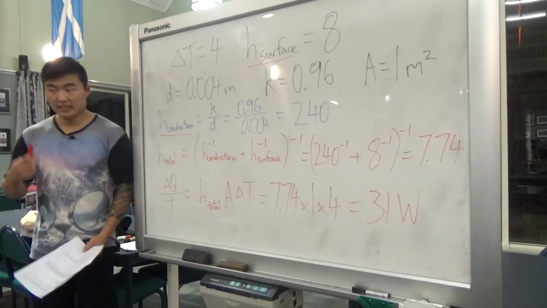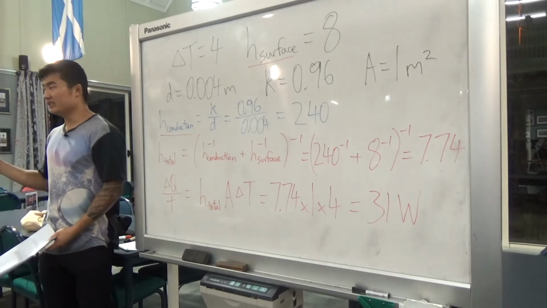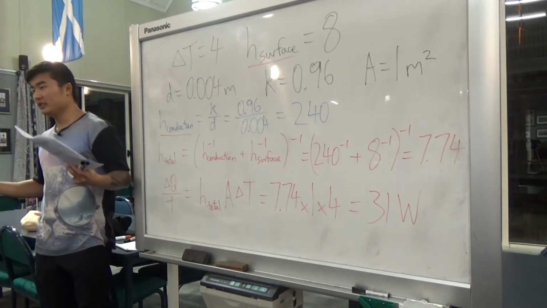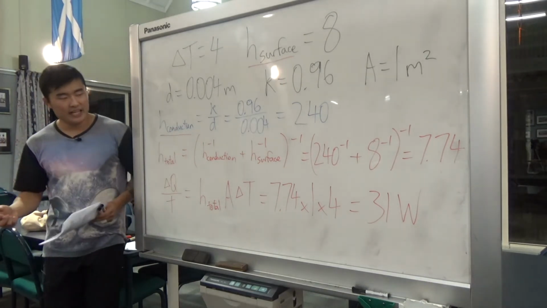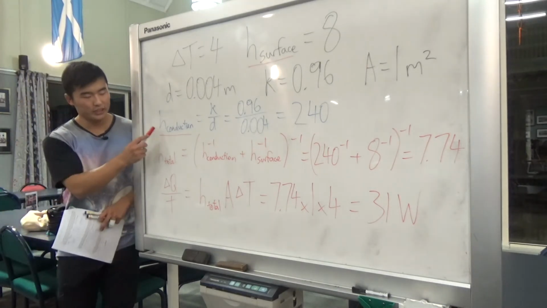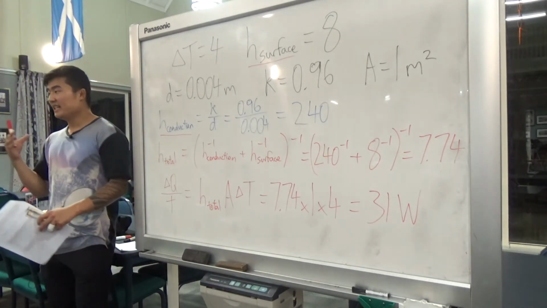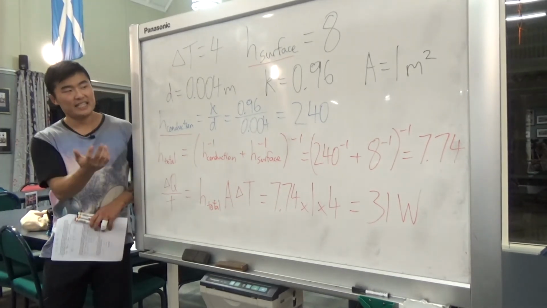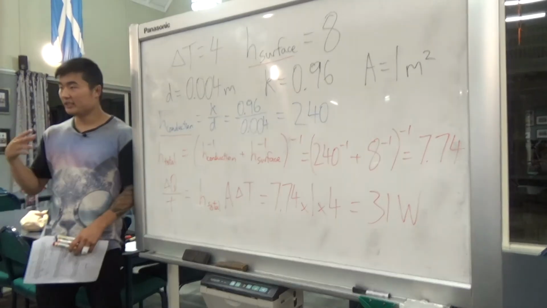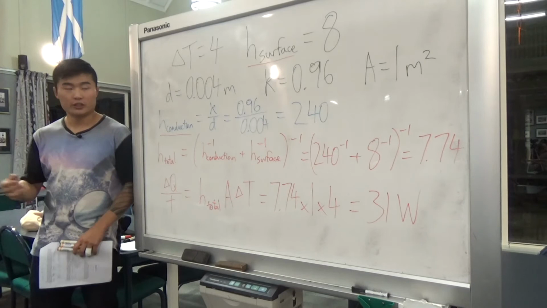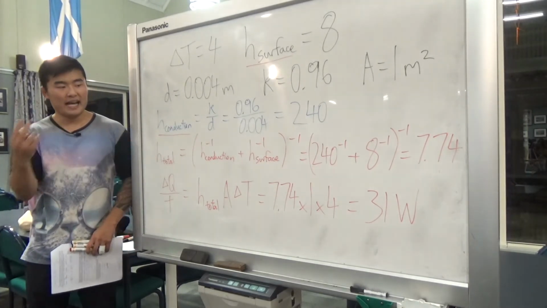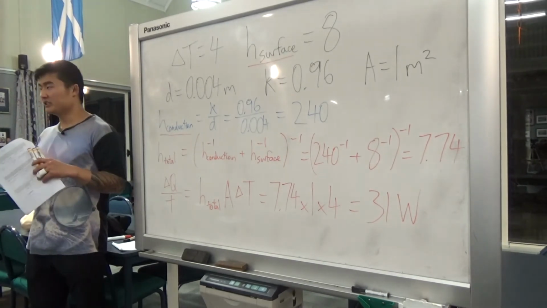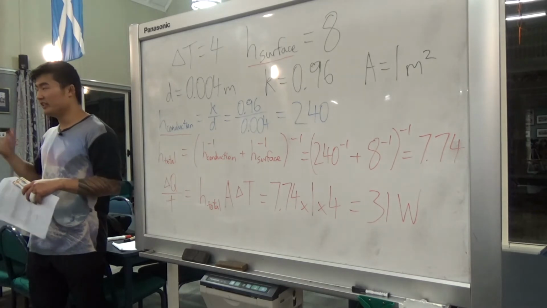Yeah, but it's like adding resistance in electrical circuits. So if you have parallel resistors, you're going to add them in parallel. And the reason you do that is because each of these H's represents a layer. And the bigger H is, the more heat you're conducting. Okay, so if you add a layer, remember when you get cold, you're going to add another layer, which is going to decrease the rate of heat transfer from your body to the outside, right?